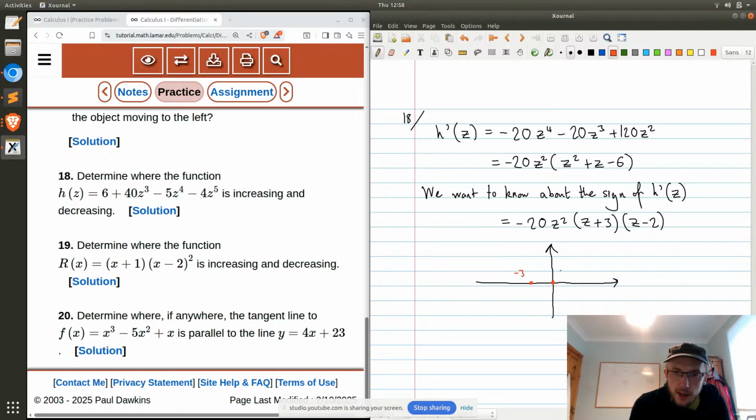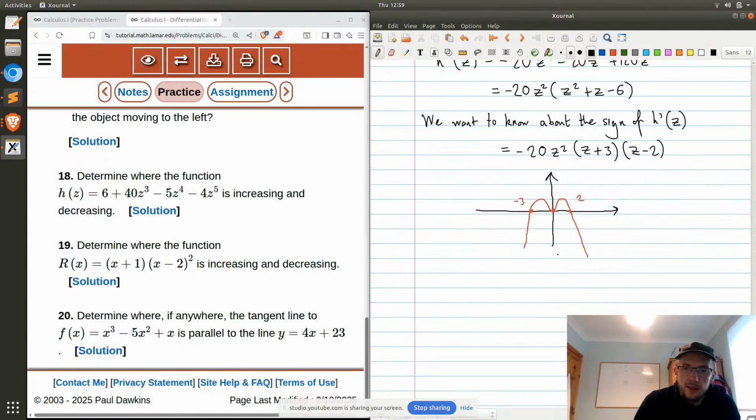Negative 3, like there. And 2, like there-ish. And it's going to look like McDonald's. Like that. Although it won't have that kind of cusp. It'll be like there, like that.